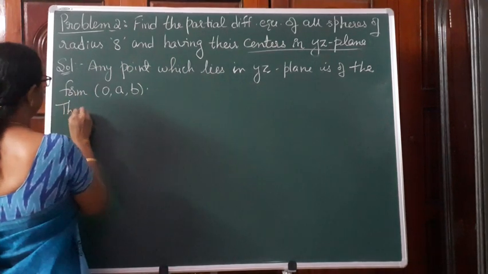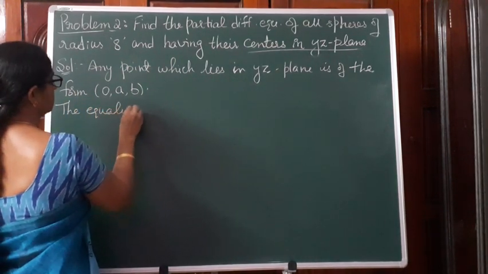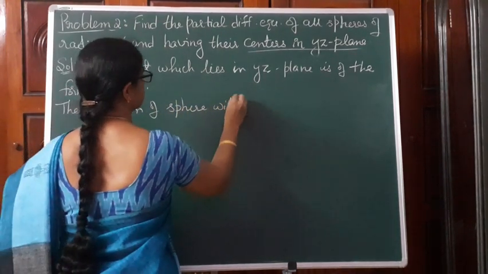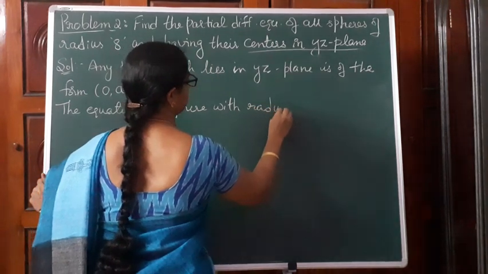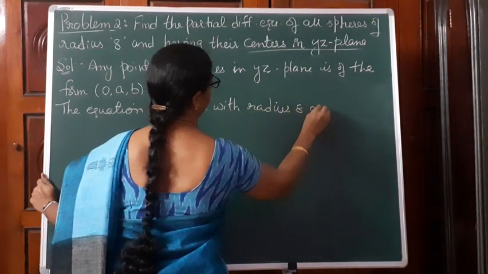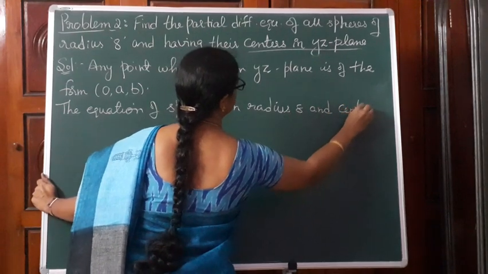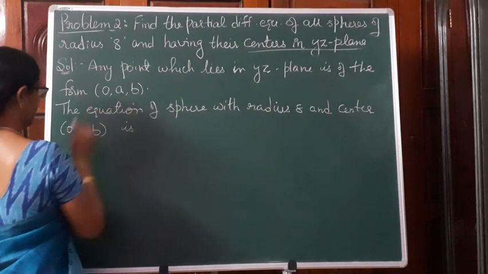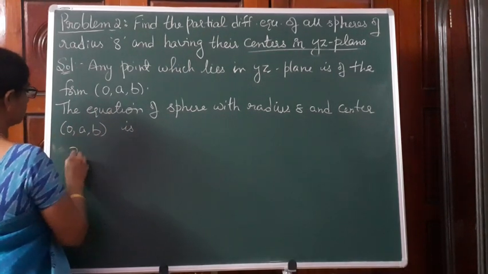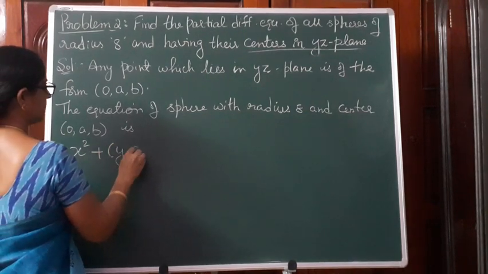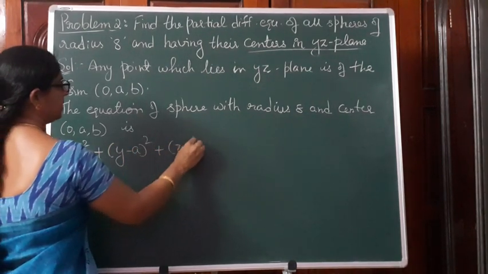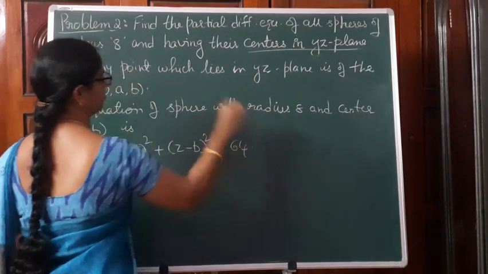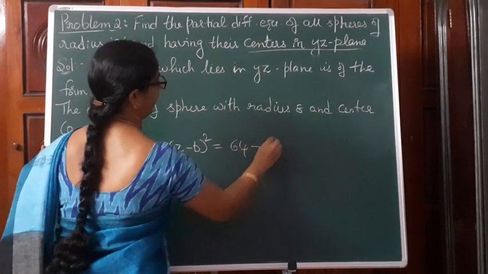Now the equation of the sphere with radius 8 and center 0, a, b is (x minus 0) whole square, that is x square, plus (y minus a) whole square plus (z minus b) whole square is equal to 8 square, that is 64. This is our equation 1.